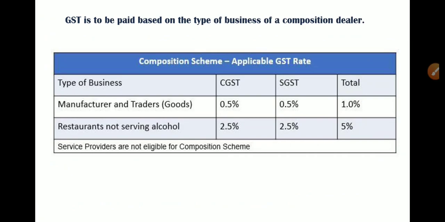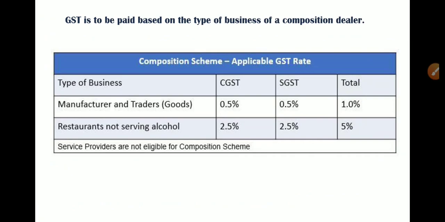And restaurants not serving alcohol, which are not under the GST on alcohol, where excise duty is applicable. Here, for restaurants not serving alcohol, fixed CGST is 2.5% and fixed SGST is 2.5%, and the total composition GST is 5%.